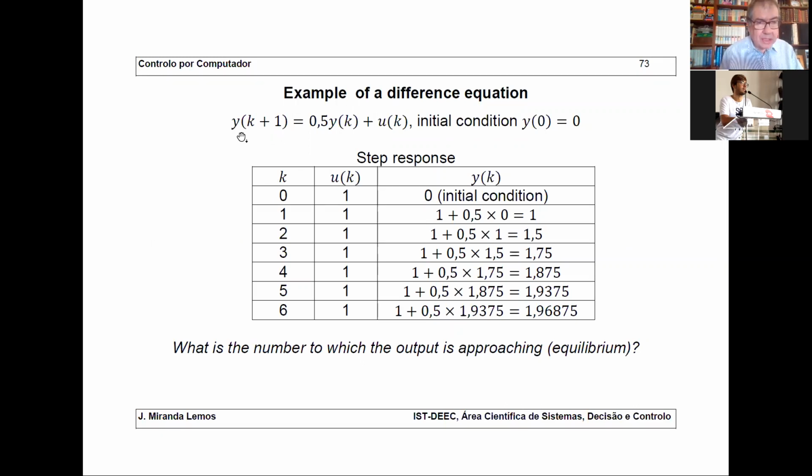So you are expressing y of k plus 1 as a function of the previous y and u. M is 0, n is 1, and you must know the initial condition, because if you know the input sequence and you know the initial condition, then you go on iterating and you compute y of 1, and then from y of 1 you compute y of 2, and so on.